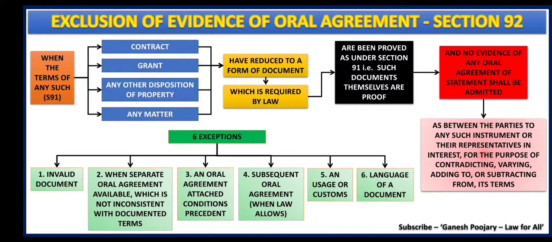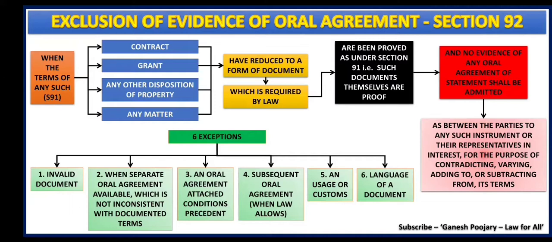If the document is made by force, or under mistake of law, or without consideration, or for an illegal purpose, etc. I am going to explain this in my next slide. In that case, the document itself is invalid, and to prove that, oral agreement or evidence can be considered. That is the first exception.